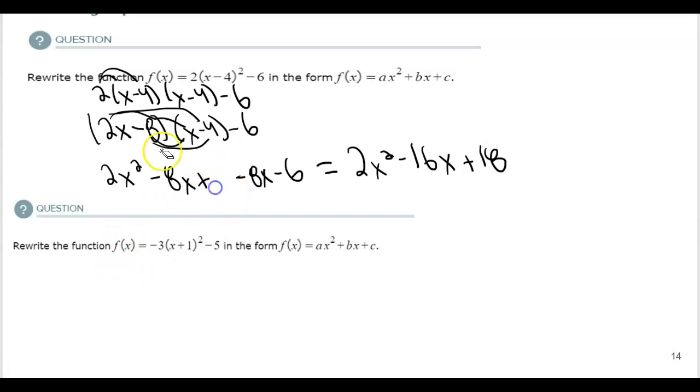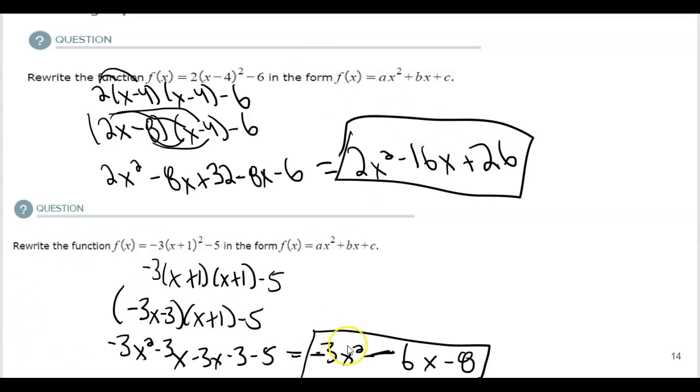This should be 32. There we go. Go ahead and pause, try the bottom one on your own. And this is what we should have gotten for the bottom one. So this is all for skill 7.